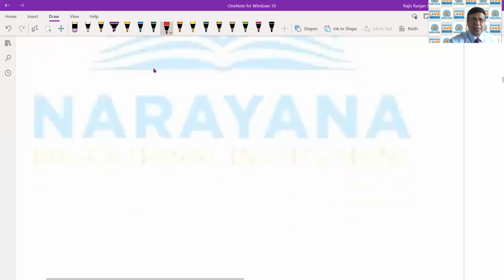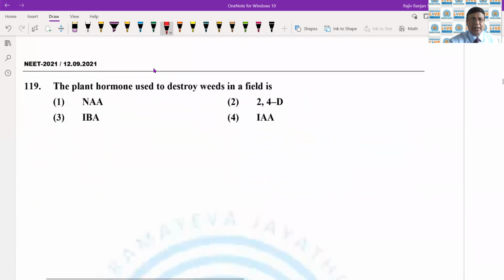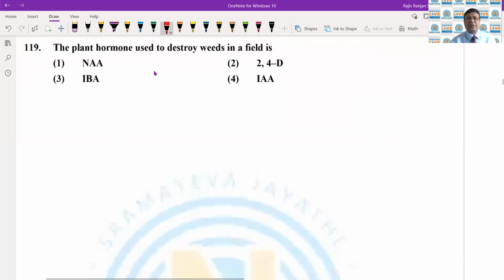Let's now see question number 119. The plant hormone used to destroy weeds in a field is: 1, NAA; 2, 2,4-D; 3, IBA; and 4, IAA. The correct option is 2, 2,4-D. All these are auxins.